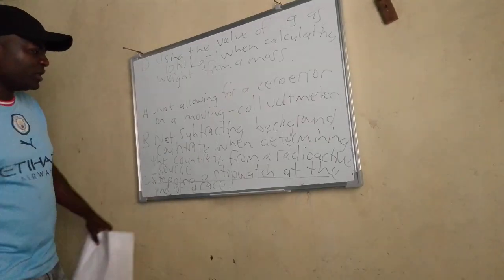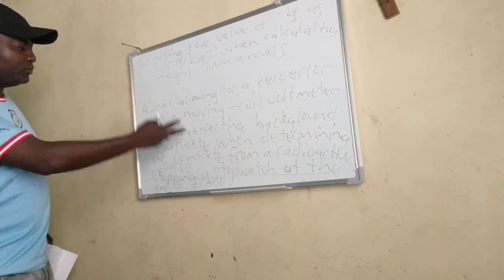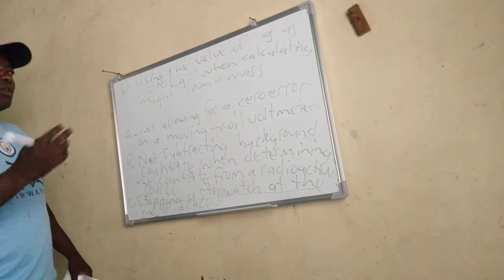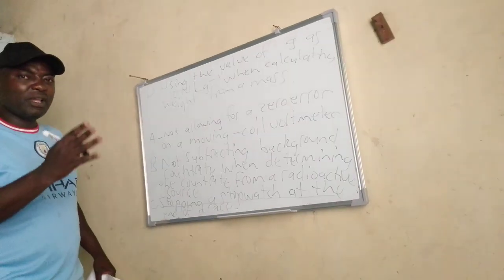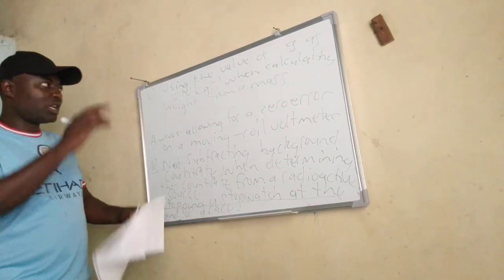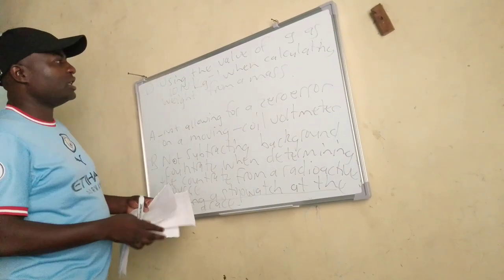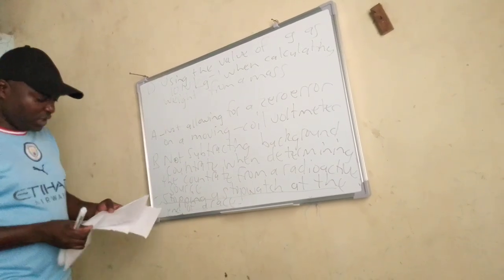Not separating background has nothing to do with minimizing random errors. Stopping a stopwatch would result in random errors due to the variation in reaction time, and the values could be scattered. Using the value of g has nothing to do with random error.